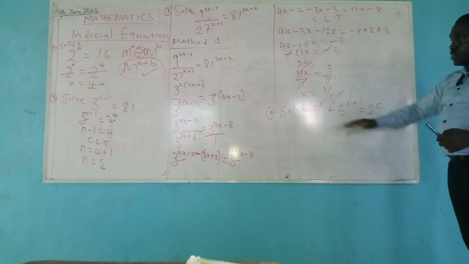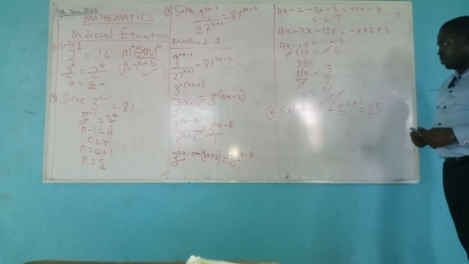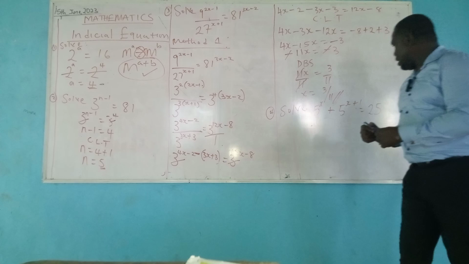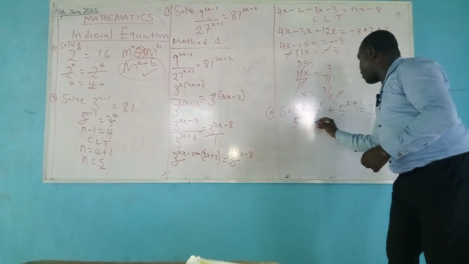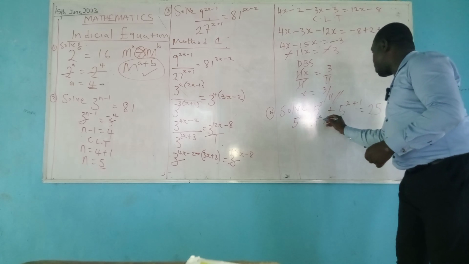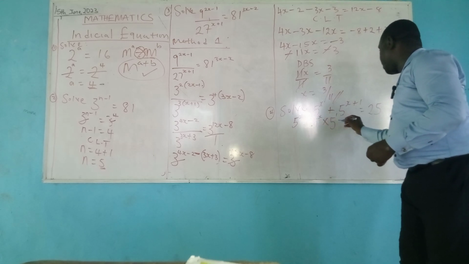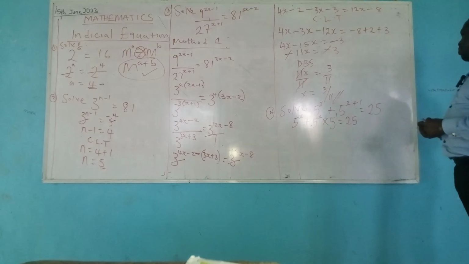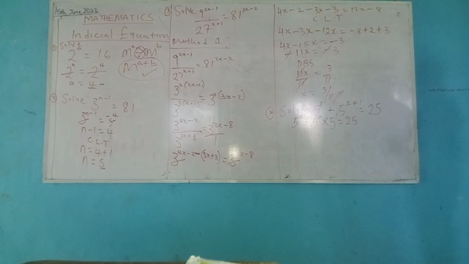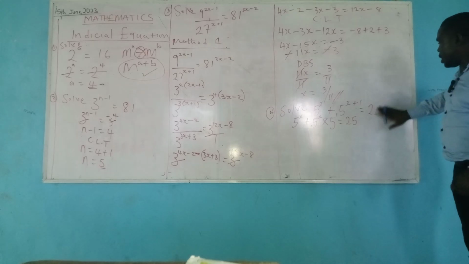So we solve the last question here. To solve the last question, I'm looking at something like this. I could just say 5 raised to power x plus 5 raised to power x times 5 raised to power 1 equals 30.